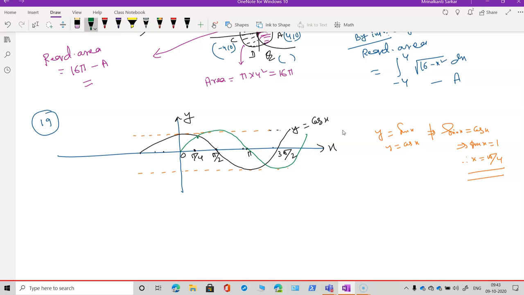This point should move a little bit upward. They ask you to find the area bounded between these two curves between x equal to 0 and x less than or equal to pi by 2. What is the area bounded between these two curves? So I think all of you have understood that you have to find this area as well as this area.